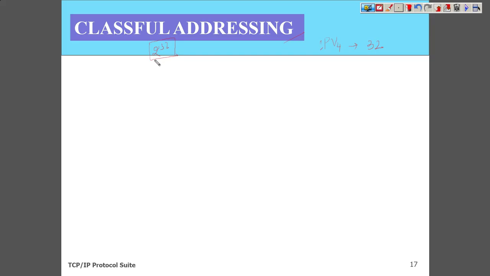This is the total address space of the IPv4 addresses. In classful addressing, we distributed the overall address space into certain blocks. Let's say this is your total address space, 2 power 32 addresses.